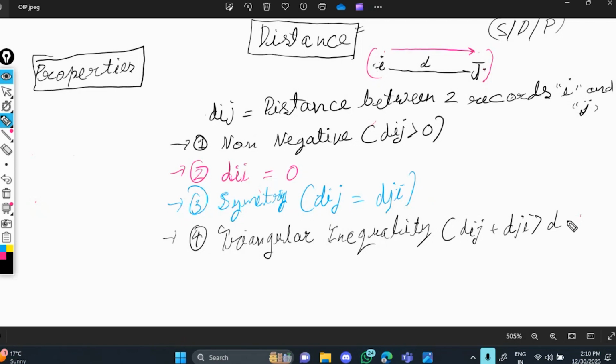Wait, triangular. Let me create a triangle here first, with points i, j, k.